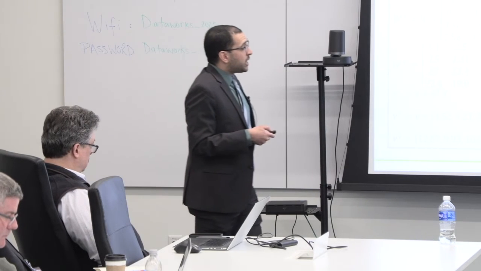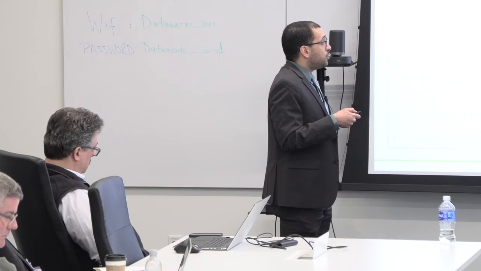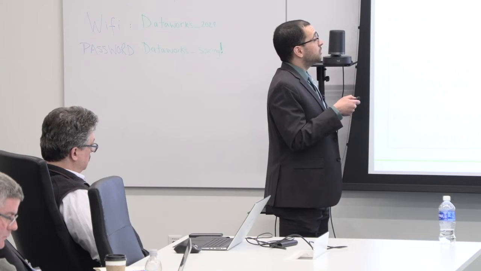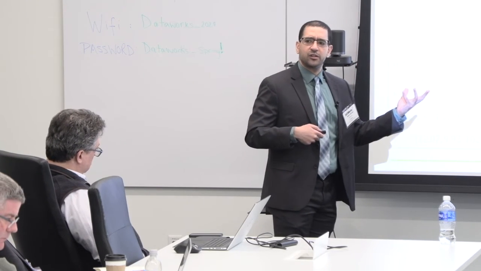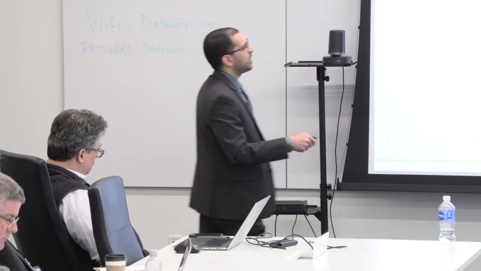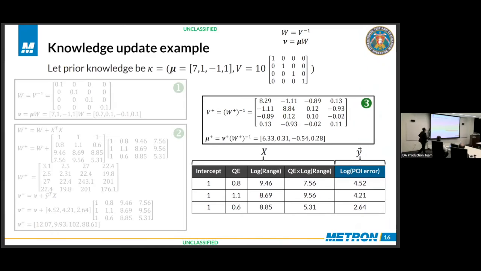At the end of the day, we want to compare our new v and mu to the old mu and v, because we want to compare this prior hyperparameter vector to the posterior hyperparameter vector. We can see some outcomes from this: if we look at mu plus, the mean has changed a little.